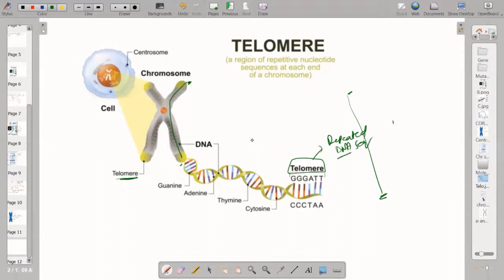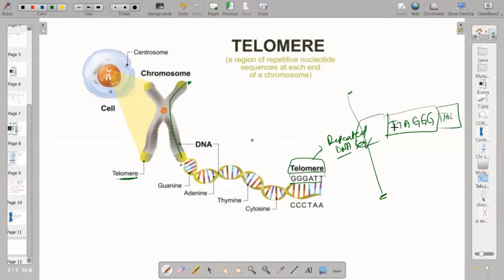Particularly, it has the sequence TTAGGG, or GGGATT, I said it in the reverse direction, but same thing. You see this repeat sequence in the telomeres, many repeats of TTAGGG, TTAGGG. This is the signature sequence.